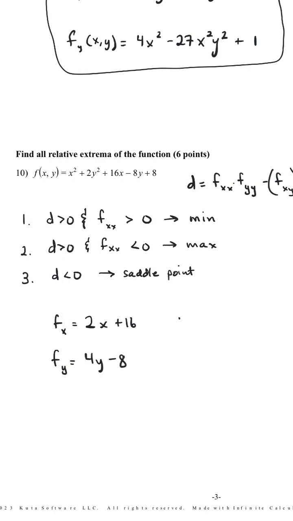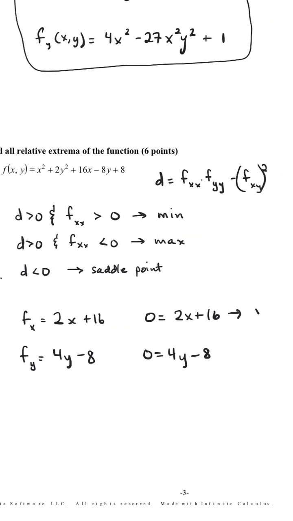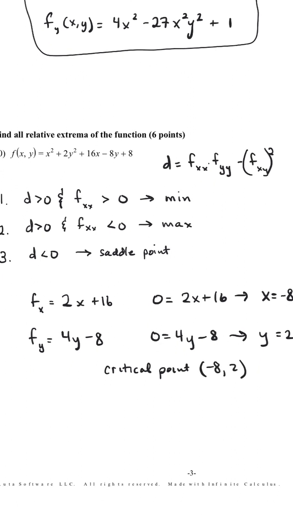Now we set each of those equal to 0 and solve. Here we get x equals negative 8. Here we get y equals 2. So the critical point is negative 8, comma 2.